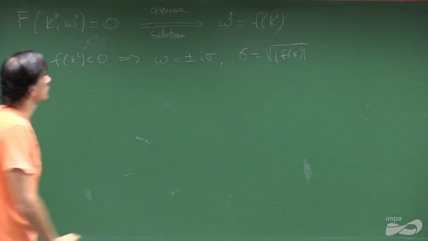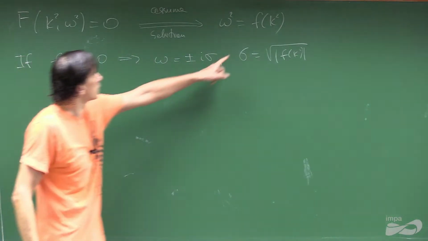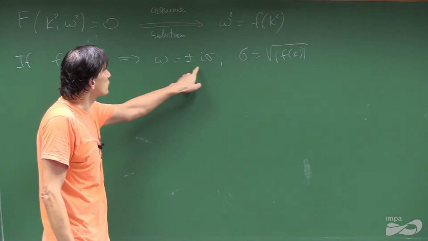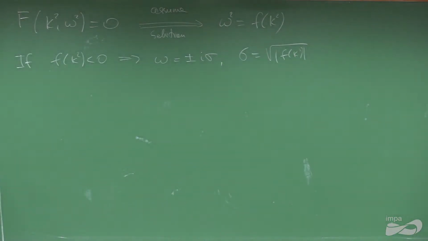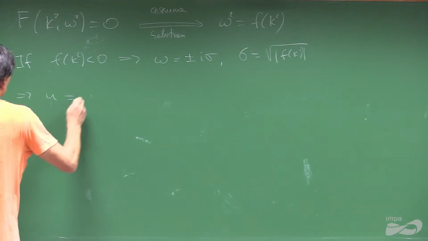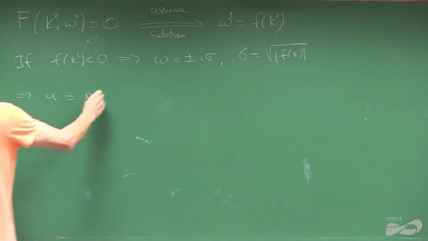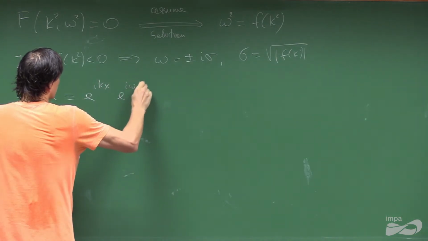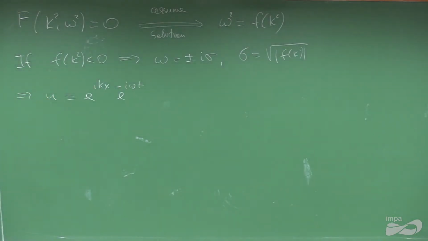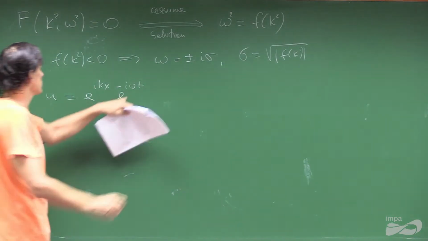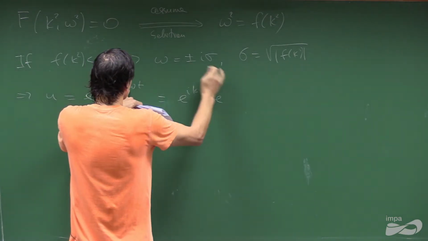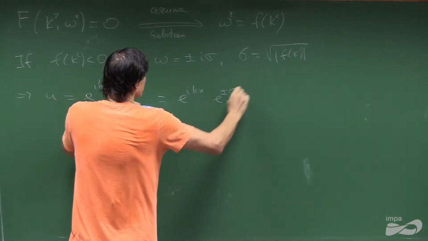So if f happens to be negative for some k, then omega is imaginary. But then u will be the exponent of i k x times the exponent of i omega t with a minus, and the i's cancel, so it becomes plus or minus sigma t.